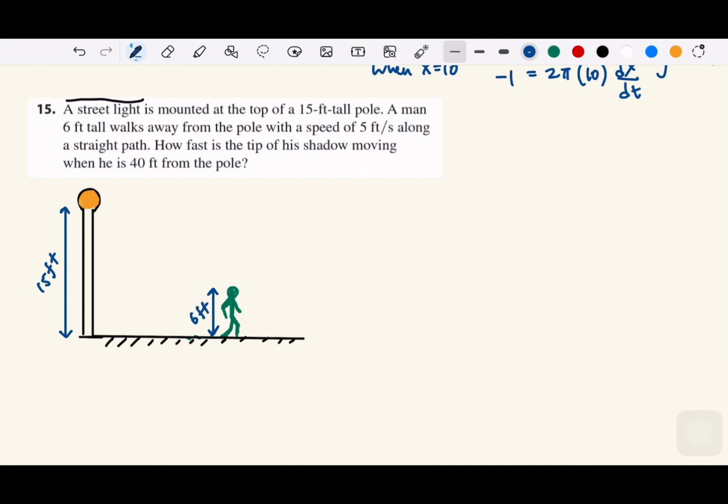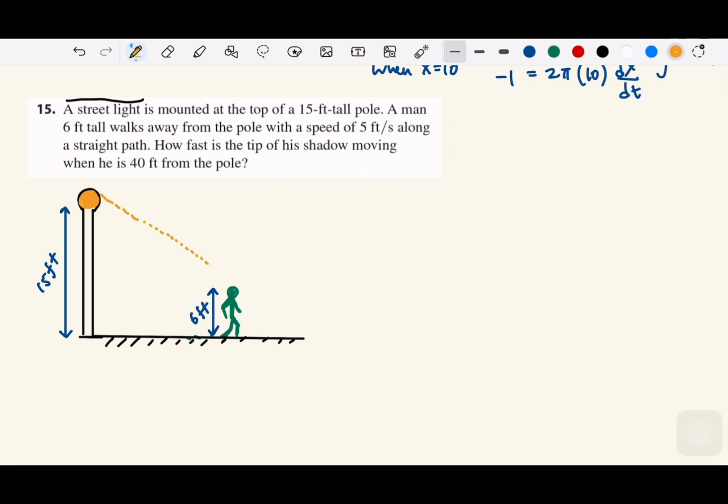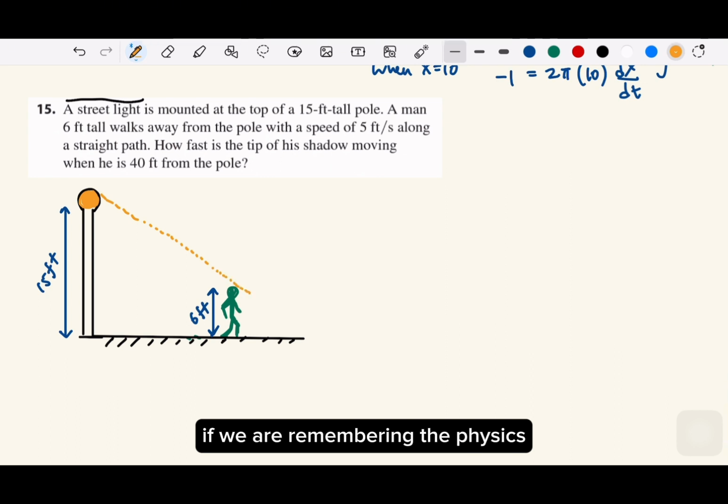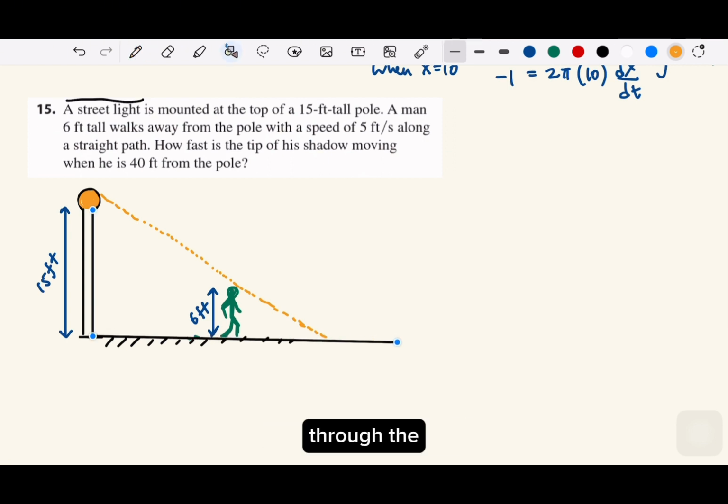Now the light. Imagine the light will disperse, diverge to everywhere. But if we remember the physics, we are able to see that the light will cast a shadow through this person. So this part right here is the shadow, right? It's the shadow.